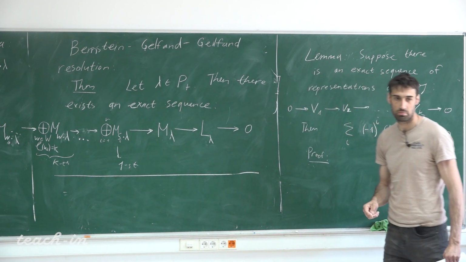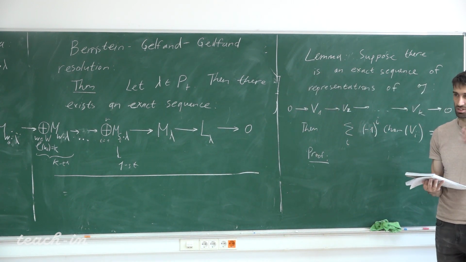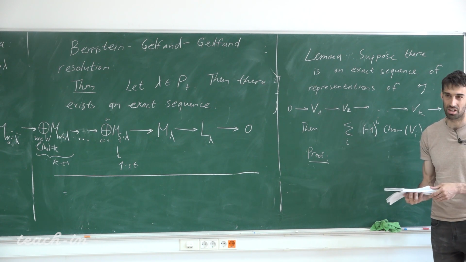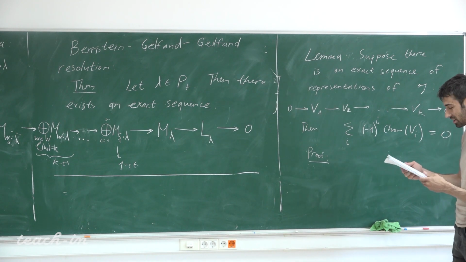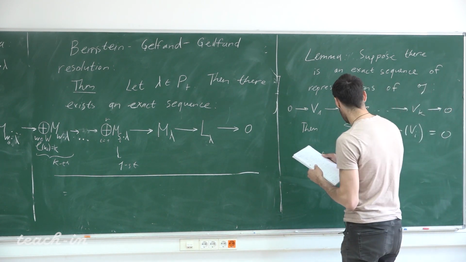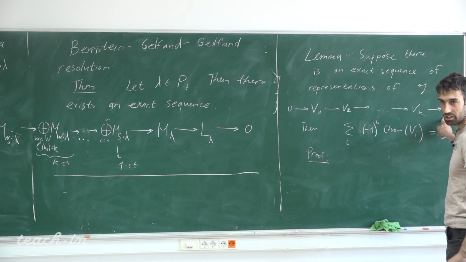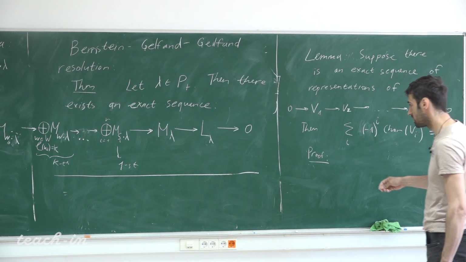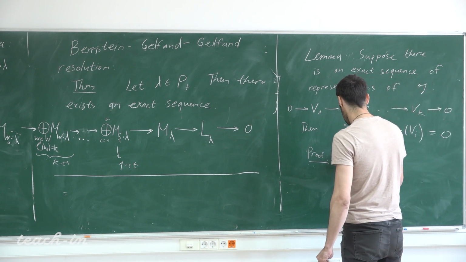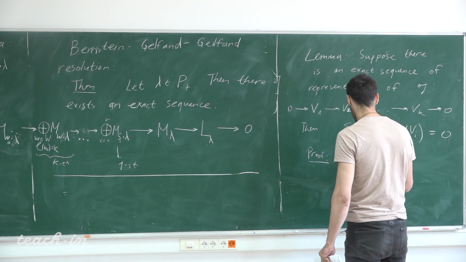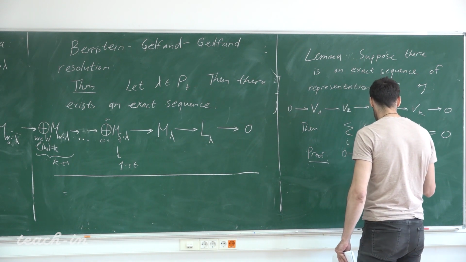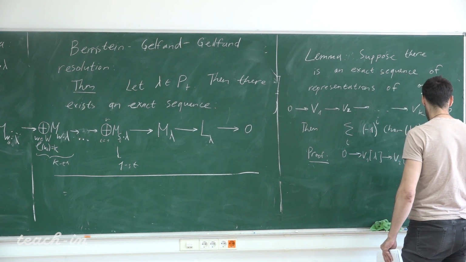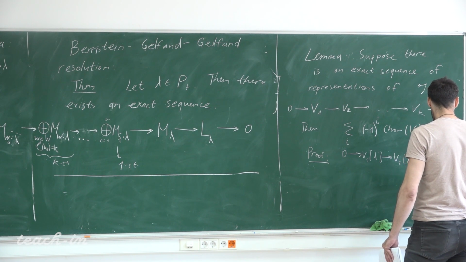Maybe some people familiar with basic linear algebra see it immediately, and it's basic. But why? Of course, if I have an exact sequence like this, I have a similar sequence for weight subspaces, right? So for weight subspaces, I have V1 of lambda, V2 of lambda, and so on, Vk of lambda, and this goes to 0.